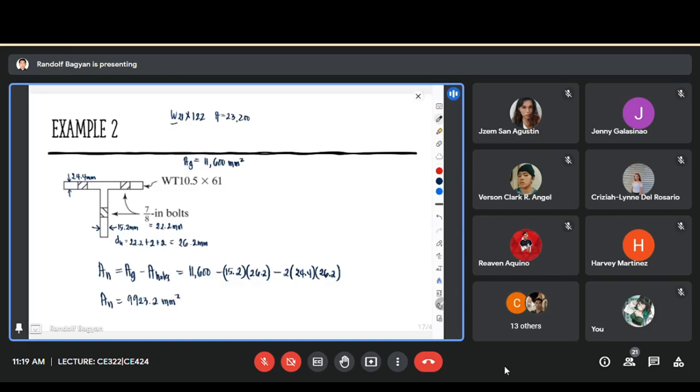Square millimeter. Right? So, yan ang ating sagot.